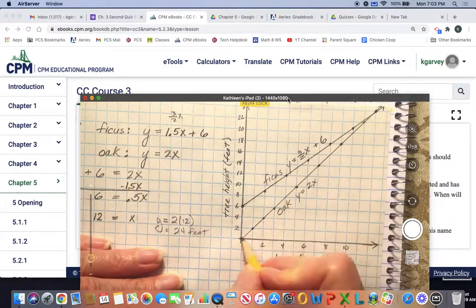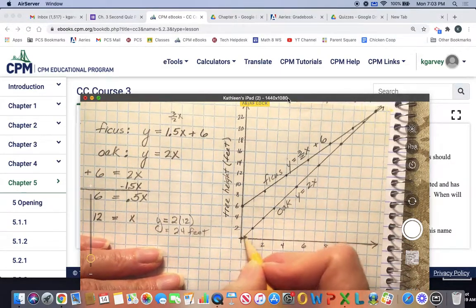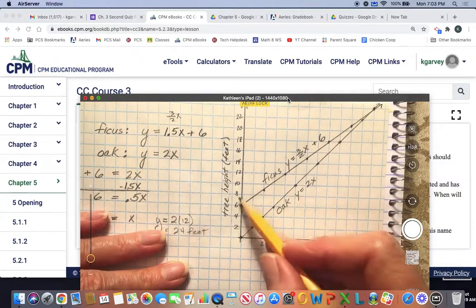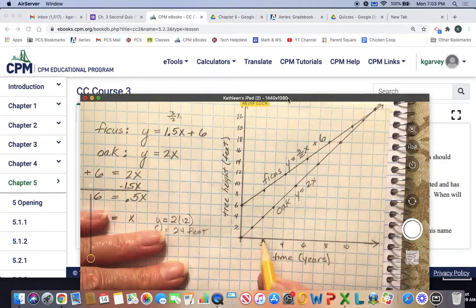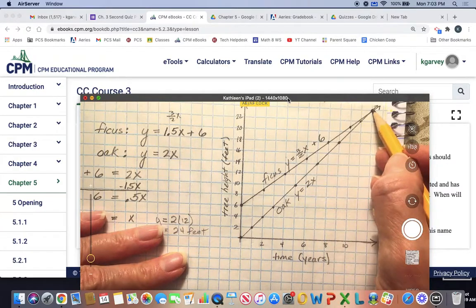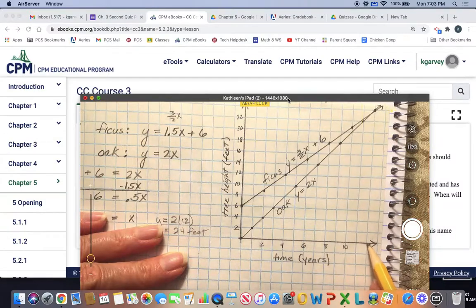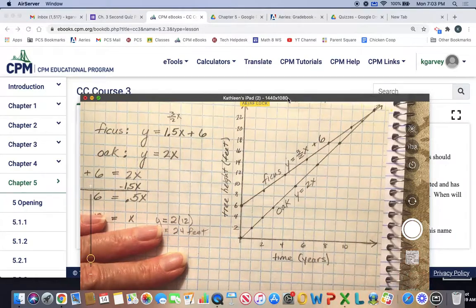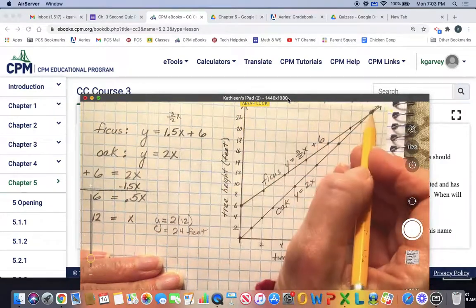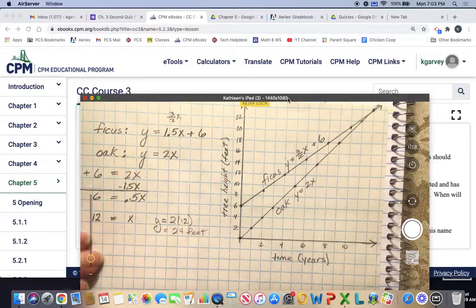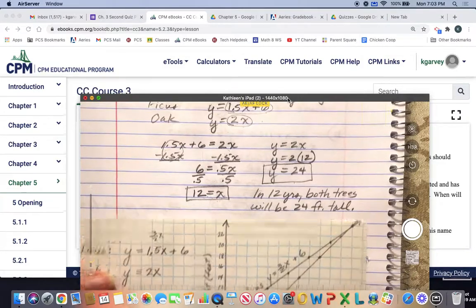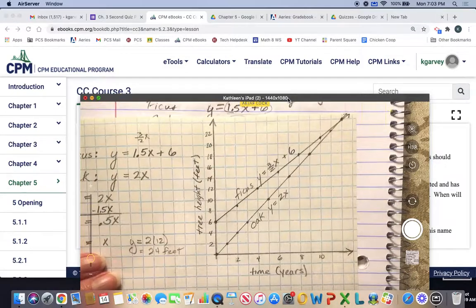And then here's the oak, which started at 0, and it's grown 2 feet every year. So notice the scale over here for each square is 2. And over here, each square is worth 1. But eventually they do meet, and they meet at 12 years, and they are 24 feet tall. So that's our conclusion, or our numbers that we found algebraically are also found in our graph.